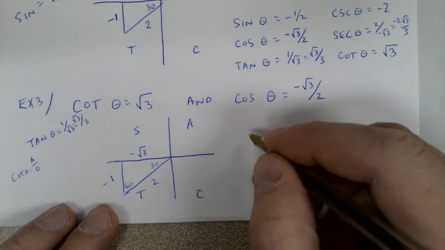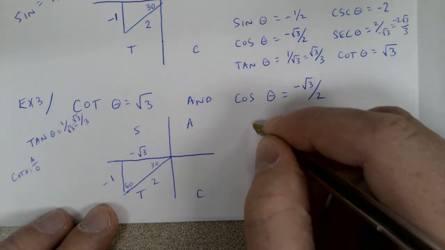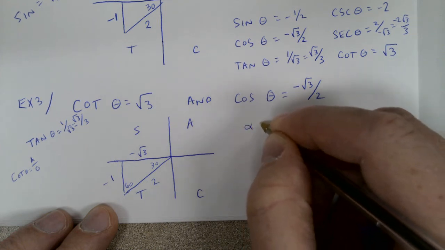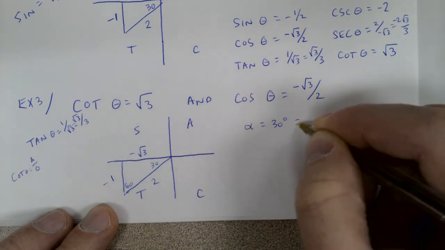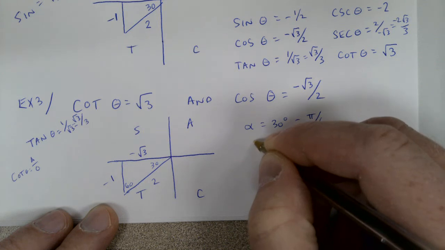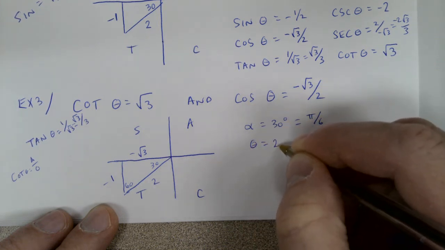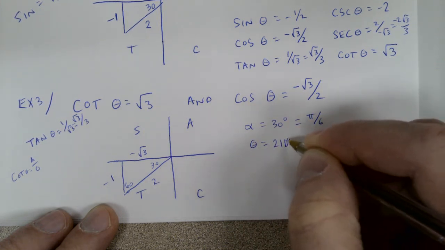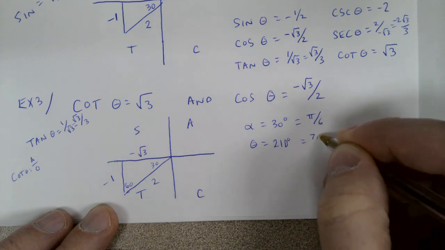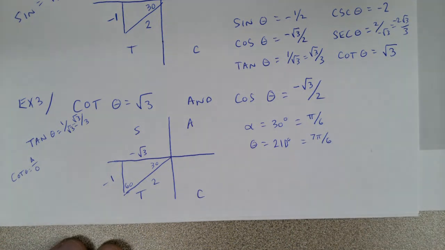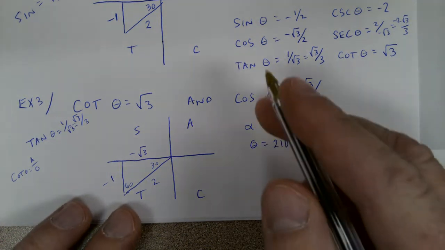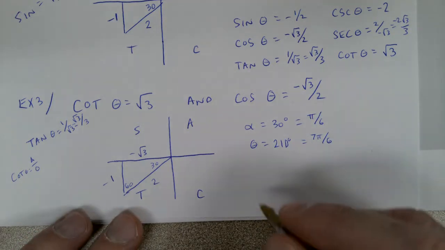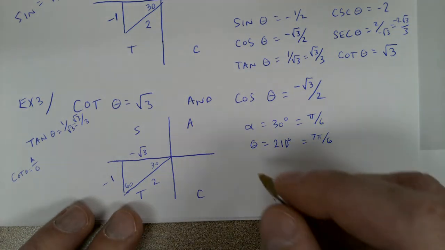So really our values on this one: alpha is still going to be 30, theta is still going to be 210 or 7 pi 6, and our six values are all going to be the same as example 2.